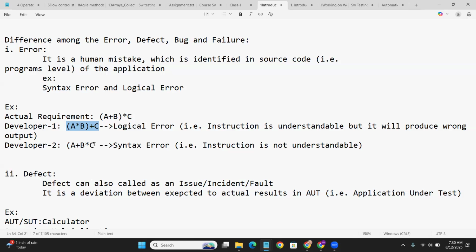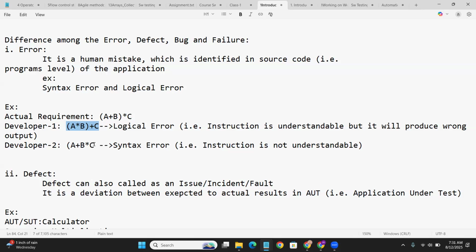Right. Next one, defect. What is the meaning of defect? A defect can also be called an issue, incident, or fault. It is a deviation between expected and actual results in the AUT. Understand, I'm not talking about the code level.